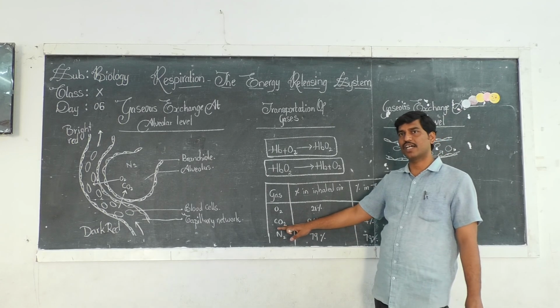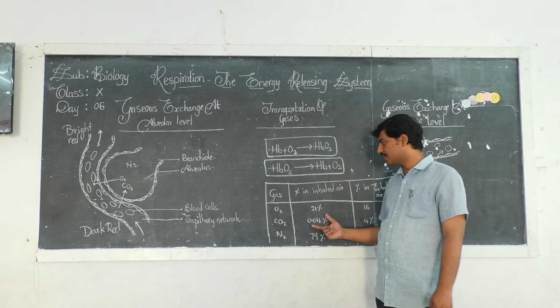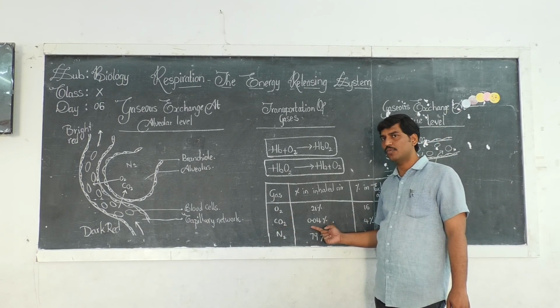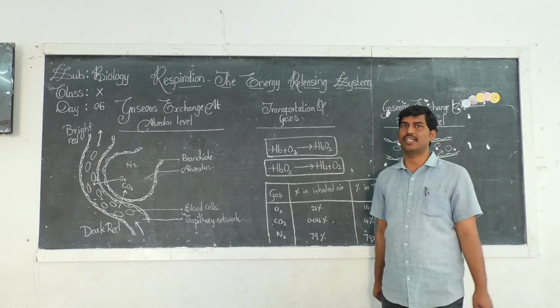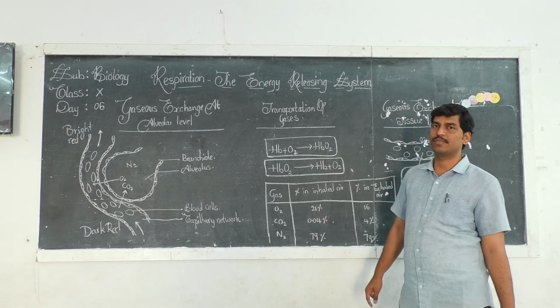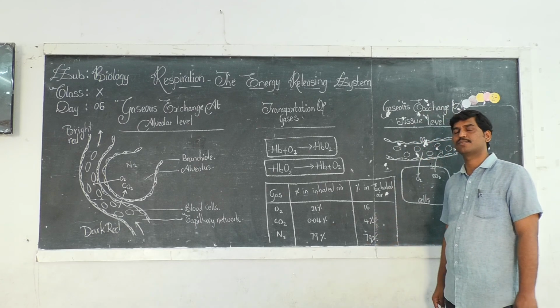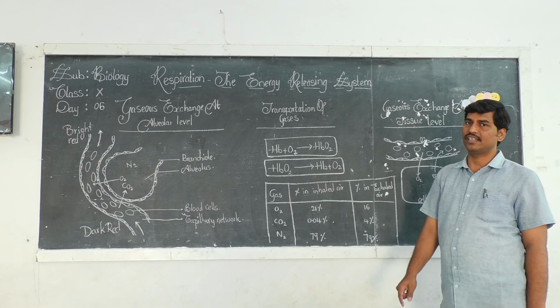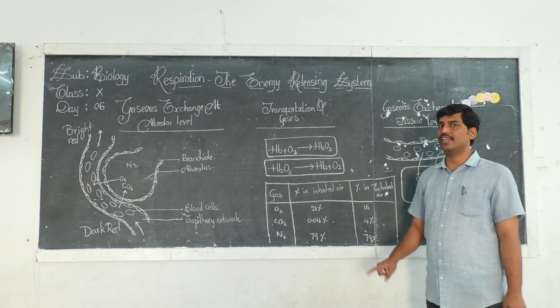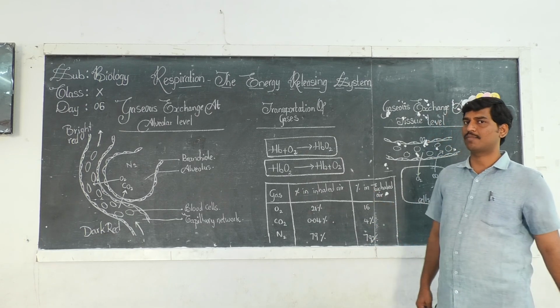In the same way, look at carbon dioxide. In inhaled air, 0.04% carbon dioxide is present, and 4% carbon dioxide is present in exhaled air. That means the exhaled air contains a large amount of carbon dioxide.